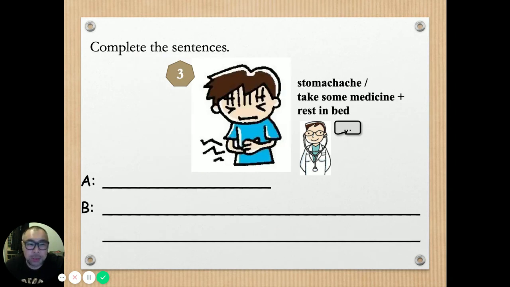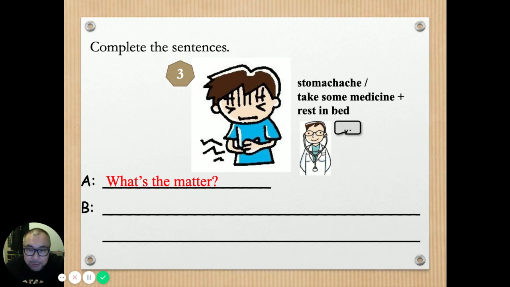Next, the last one. Here we see a picture, stomachache. Here's the advice. Take some medicine, rest in bed. What does A ask? Well done. What's the matter? B says what?